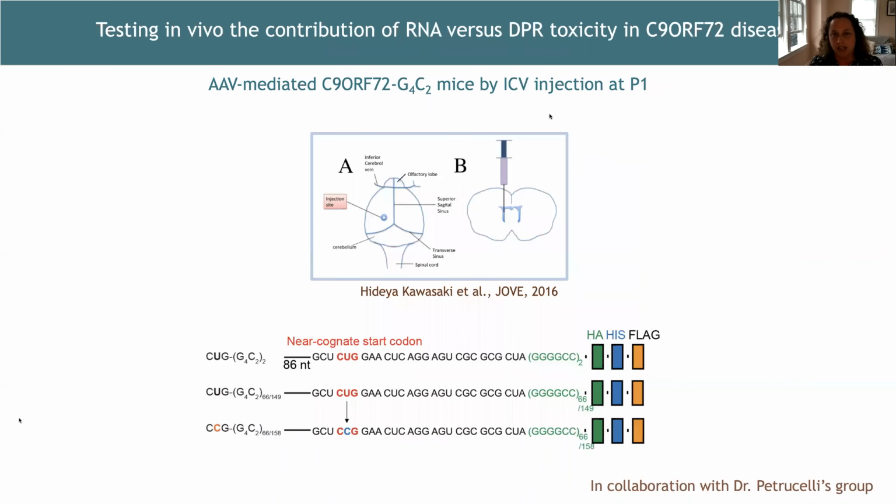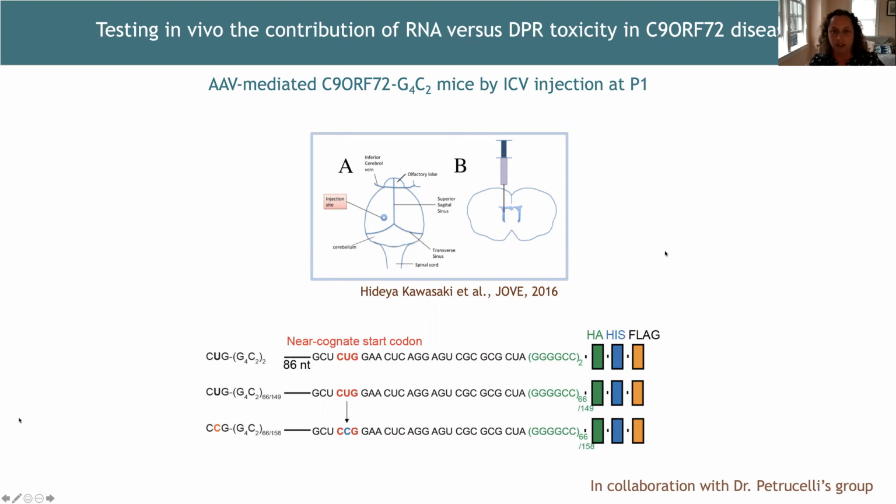In collaboration with Len Petruccelli, who initially showed that you can use AAV injection of G4C2 repeat at P1 in animals to have a mouse model that recapitulates many of the C9orf72 features, we have done the same, but using constructs that contain either CUG or CCG. Len Petruccelli had shown mice with either 66 repeats or 149, so we also have both models that we are testing.